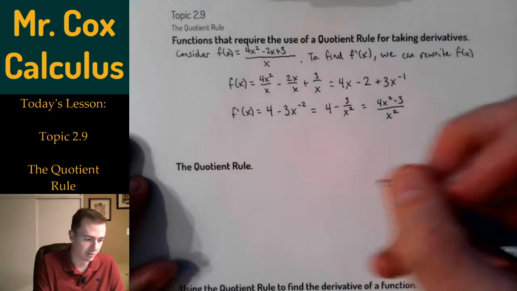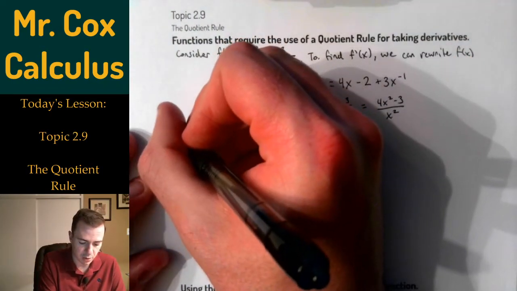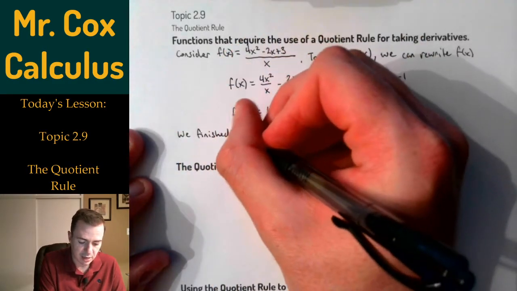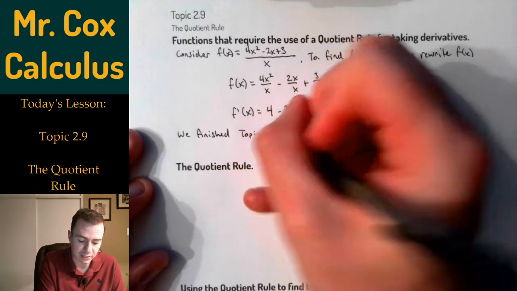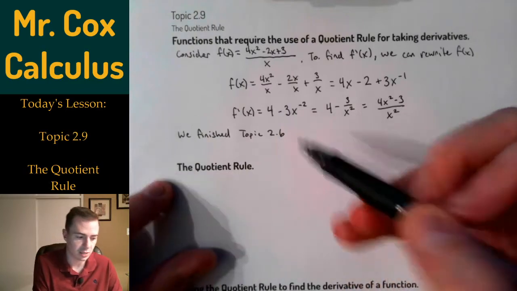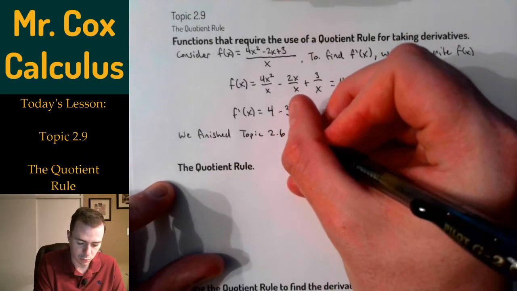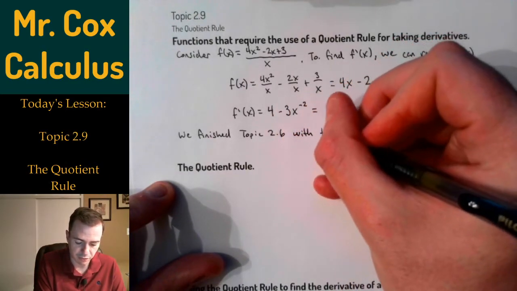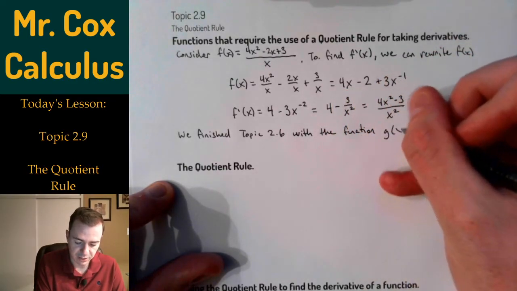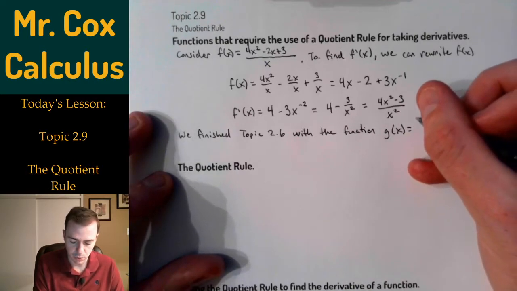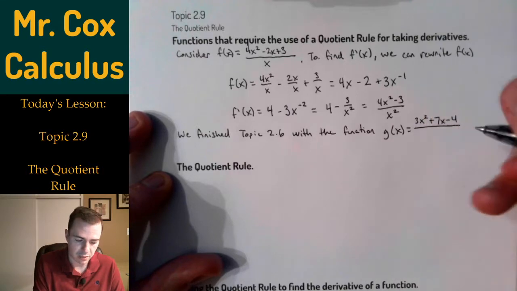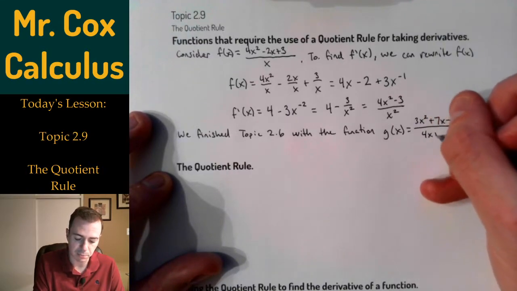Well, let's take a look at a function, in fact, a function that we addressed at the end of topic 2.6, where we learned all of the rules that let us go from here to here. We finished topic 2.6 with the function g of x equal to 3x squared plus 7x minus 4, and that was all over 4x plus 8.